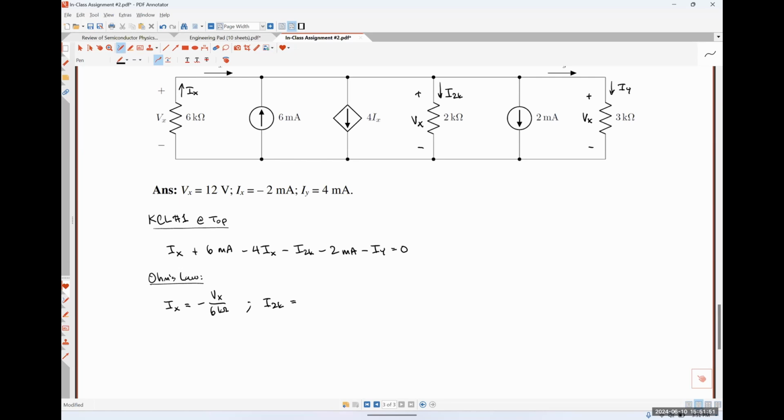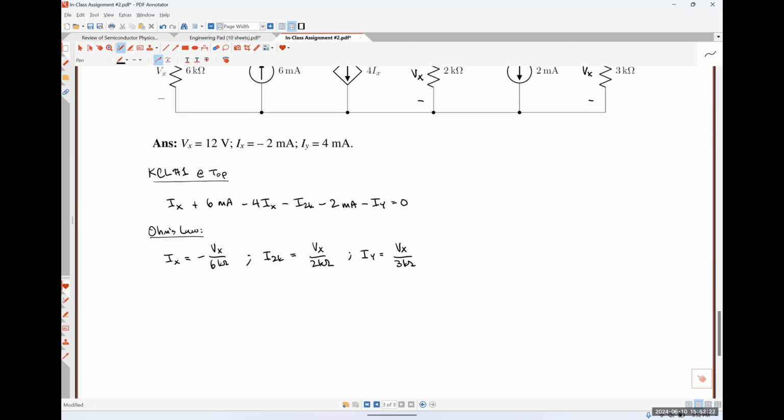A positive Vx divided by 2 kilo ohm. Absolutely right. And lastly, IY over there on the right flowing through the 3 kilo ohm resistor. Positive Vx over the 3 kilo ohms. Absolutely correct.